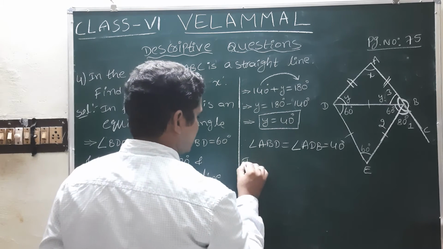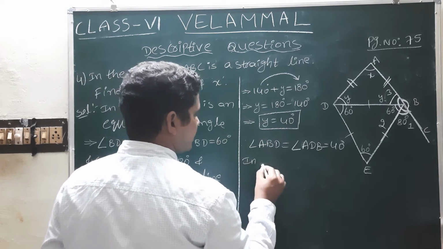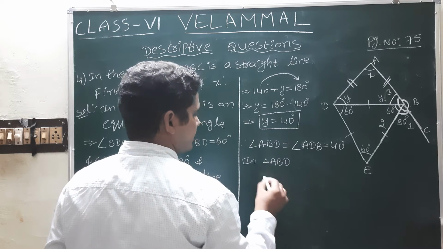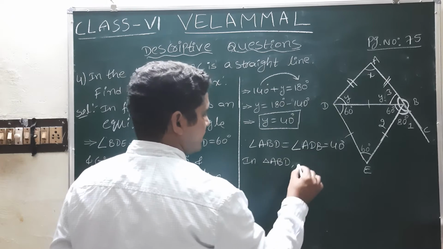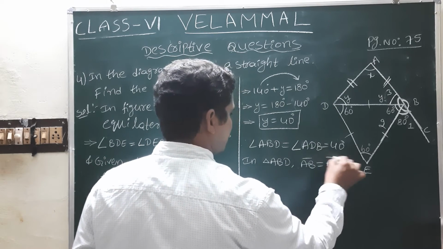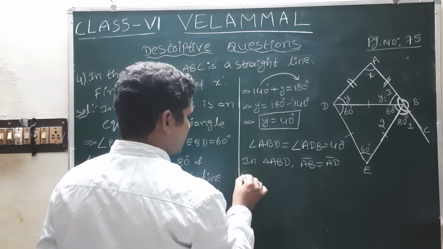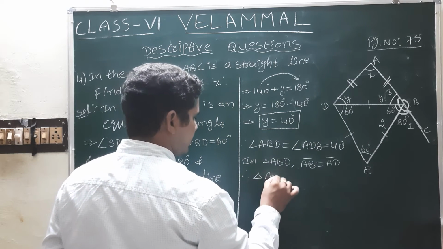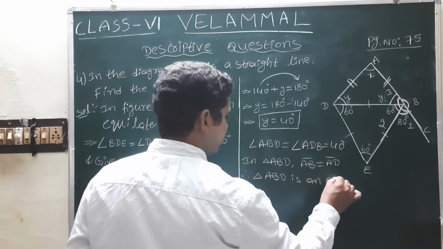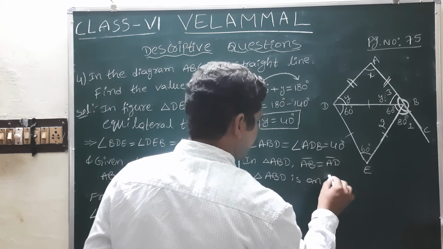Next, it is a very important one. In triangle ABD, AB is equal to AD. Therefore, triangle ABD is an isosceles triangle.